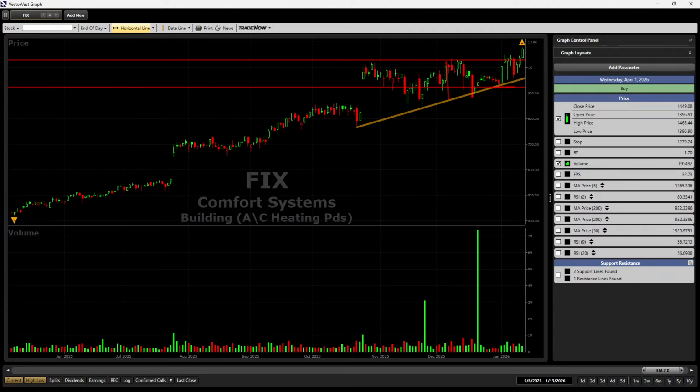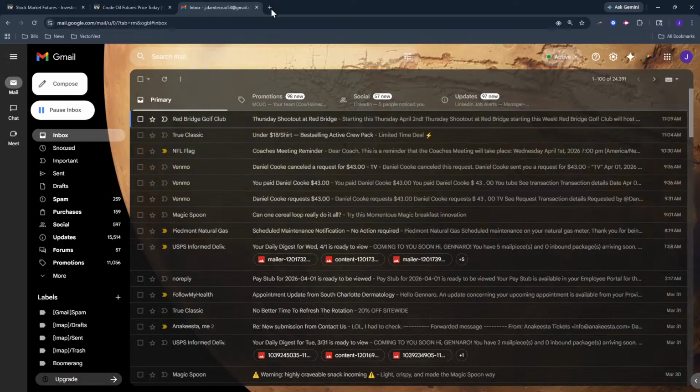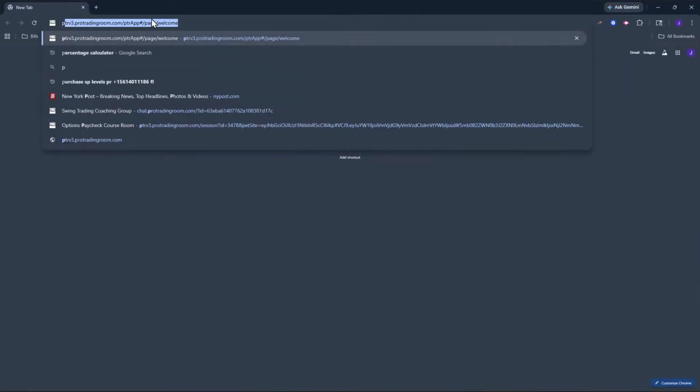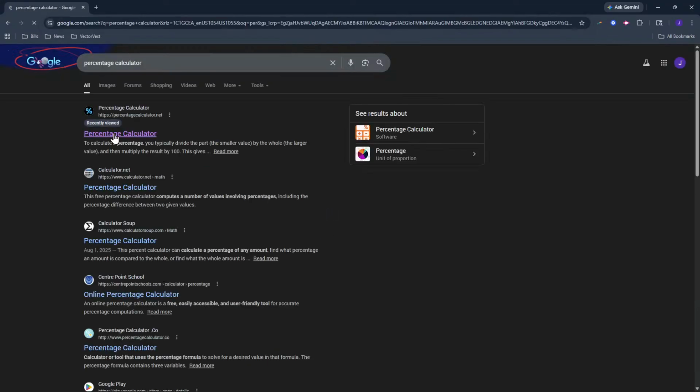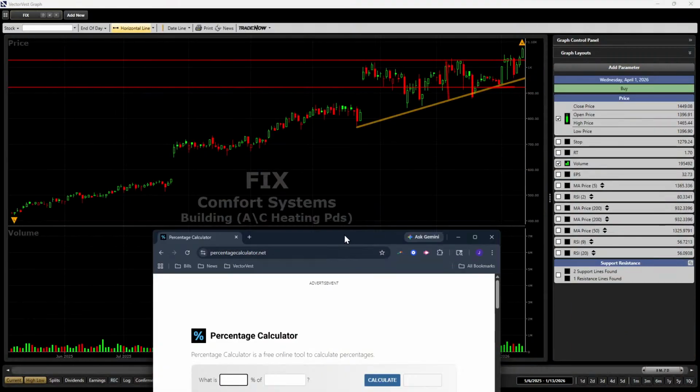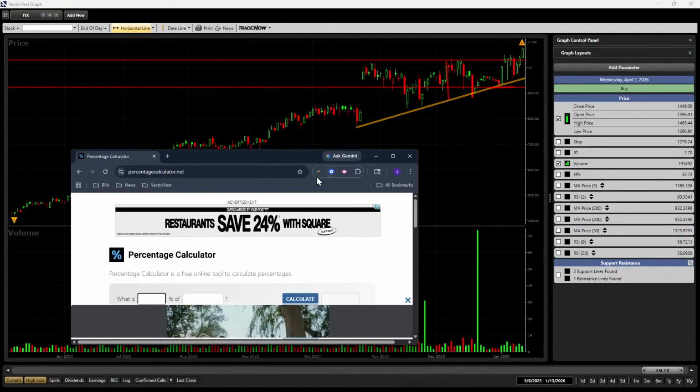Let me show you guys real quick. This is how I figure out my cost basis. Take out my little trusty percentage calculator and I figure out what the percentage loss is on this trade.